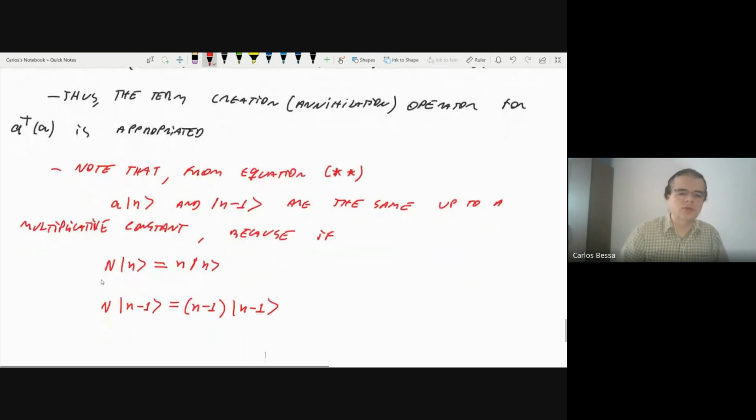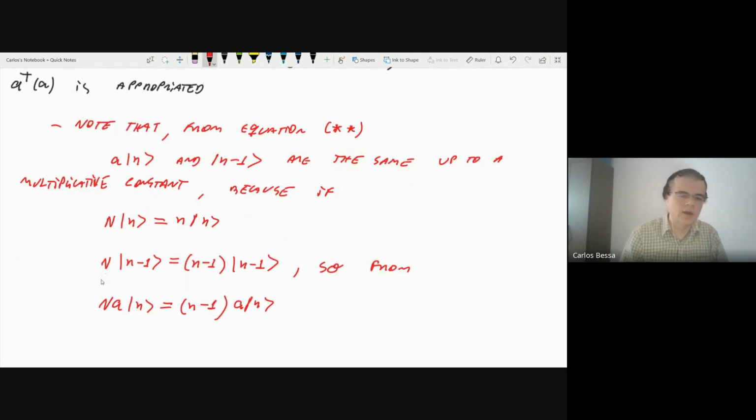On the expression we find, from n a n, this is exactly this right side here, n minus 1 a n.